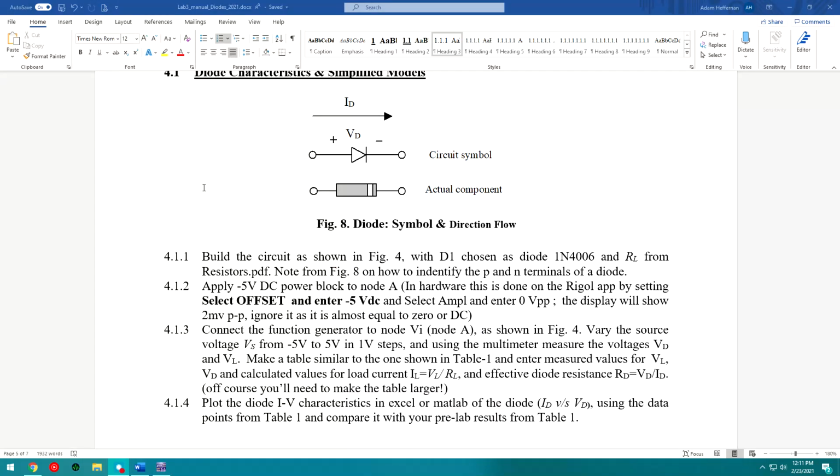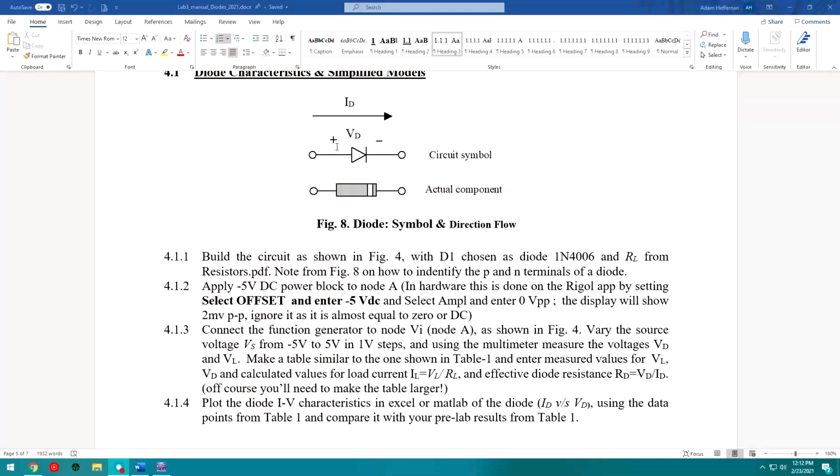The first section is asking us to recreate figure 4 in the pre-lab, so 3.1 for the pre-lab. We're going to use a 1N4006 diode, which is already given in the schematic. And we're going to use the RL value that was given from resistors.pdf in 3.1 of the pre-lab. It also says to note from this diagram how to connect the P and N terminals.